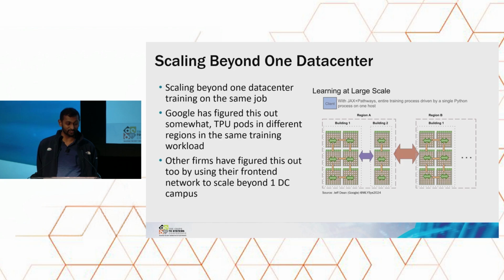Networking is a huge consideration. Also, one important thing to think about is the cost of networking scales exponentially with cluster size, right? So when you go from 8 GPUs to 16 GPUs, your network cost is very tiny. When you go from 16,000 GPUs to 32,000 GPUs, your networking cost becomes something like 15% if you're doing an all-to-all network.